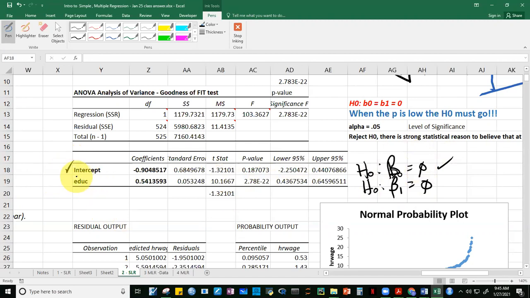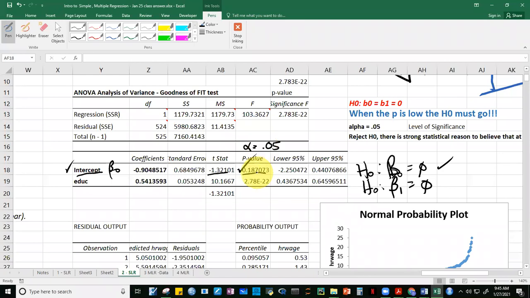So we're testing kung yung intercept natin, which is your beta 0, is it significant? No? So ang basis natin, either yung t-stat or the p-value. Okay, so i-base lang natin sa p-value kasi ito yung kitang-kita natin. So we compare this with our alpha, which is 0.05. Okay, and this is greater than alpha. Sabi natin, kailan lang natin i-reject yung null hypothesis?